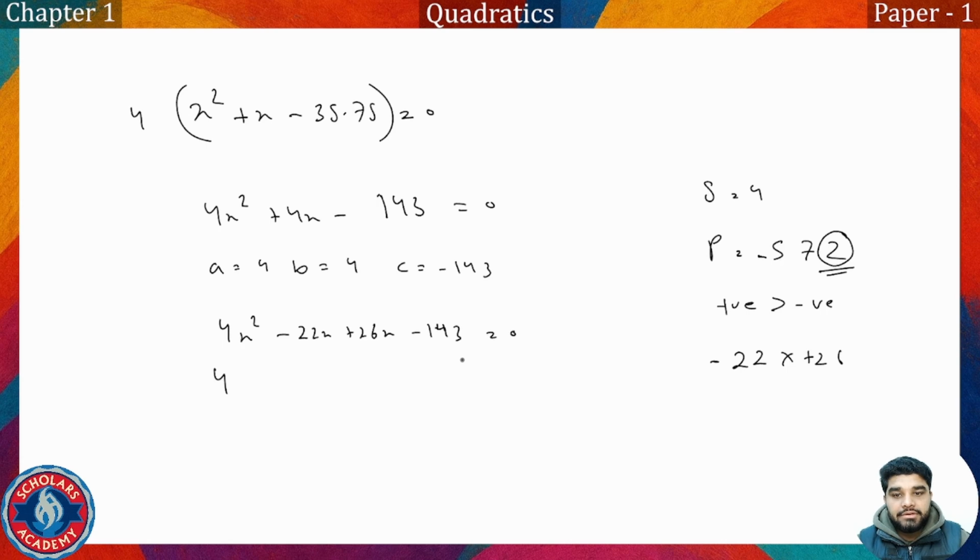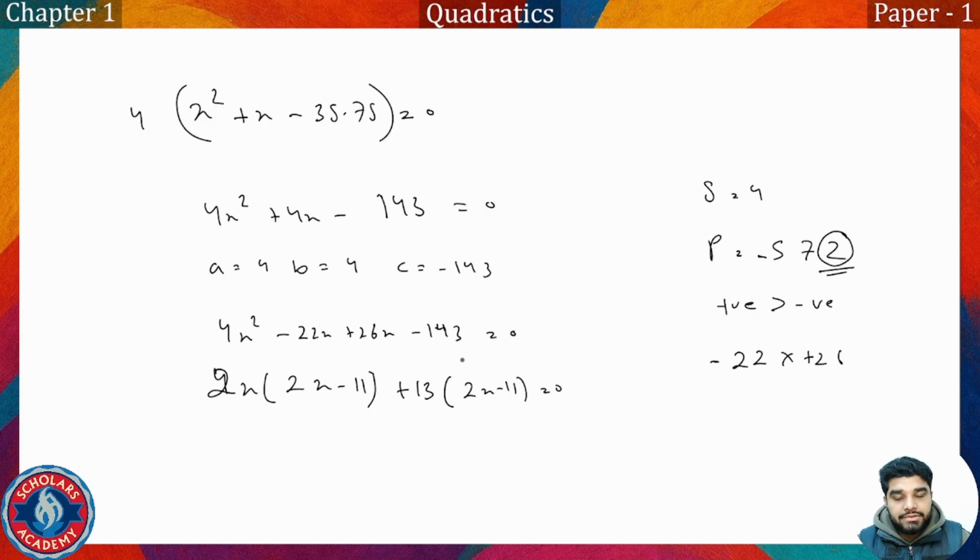We can take common now. So 4x we can take common, or it's better if we take 2x common. Left out is just 2x minus 11, and we can take plus 13 common again. This will leave us with 2x minus 11.